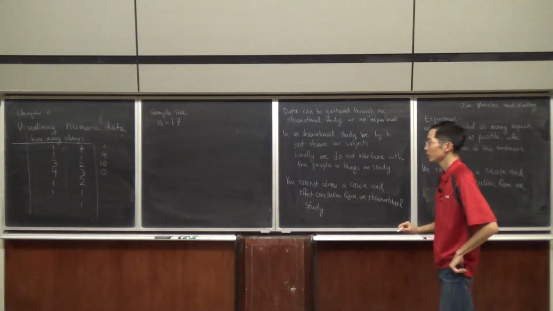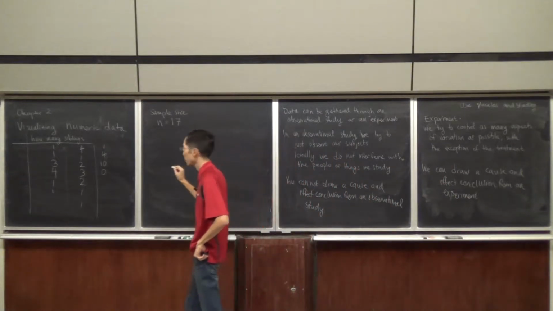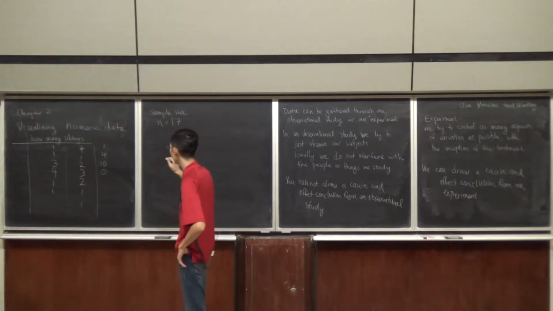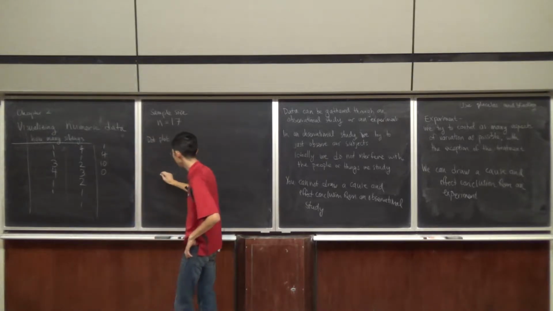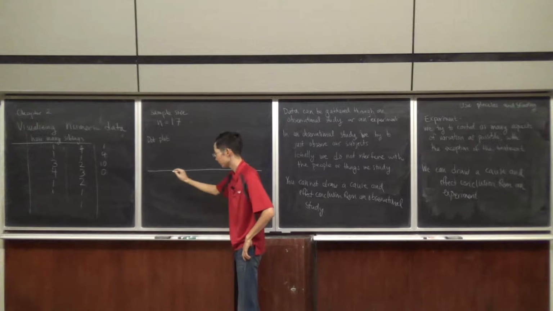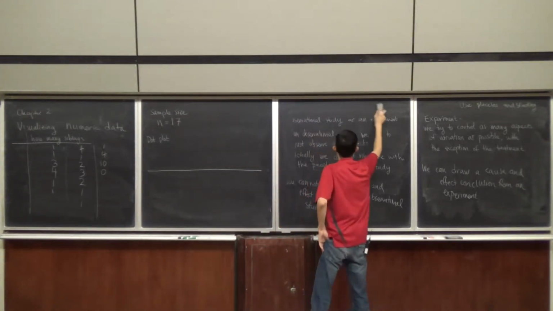Okay. So one simple way to visualize our data set is with a dot plot. A dot plot has a horizontal axis, and this is an important thing to note.